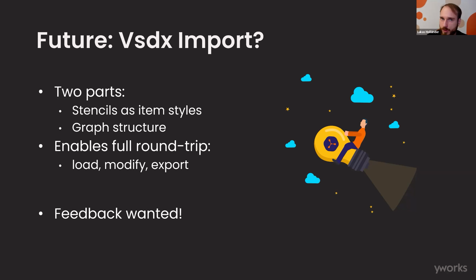We're working on a prototype at the moment, and we are interested in your feedback. Are you generally interested? What are your specific use cases, and what would be essential features for you if we decide to actually implement it and release it?